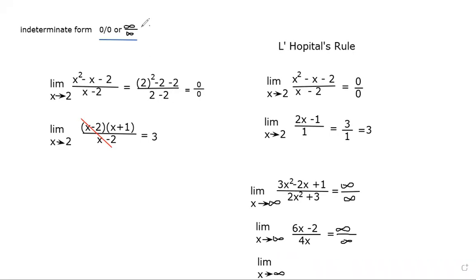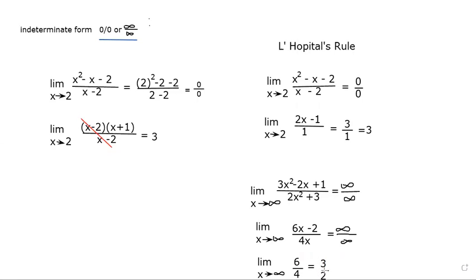And the derivative of 4x is 4. Right? So 6 over 4. Our answer here would be 6 over 4, which reduces down to 3/2. So that's what gives us our final answer.